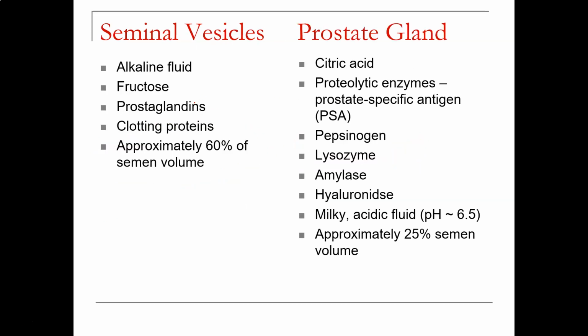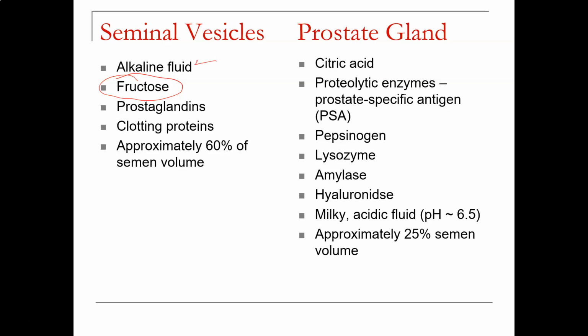So here are some things that are in the seminal vesicle. We're not going to talk about each and every one, but I did want to mention a few. Fructose appears to be the nutrient of choice for sperm instead of glucose. So fructose for energy, right, for making ATP.